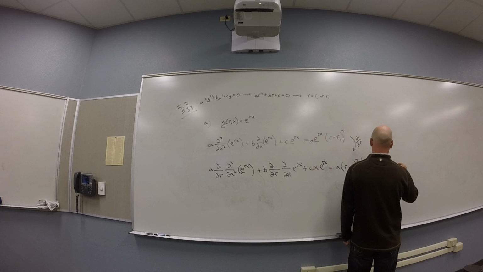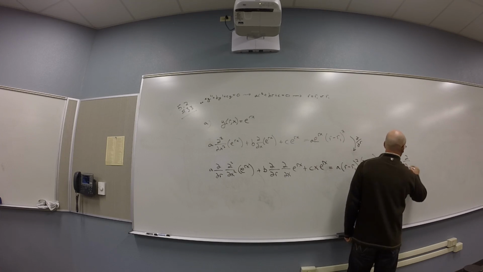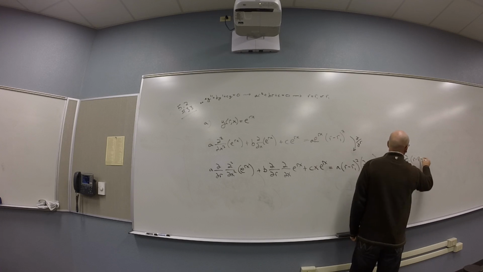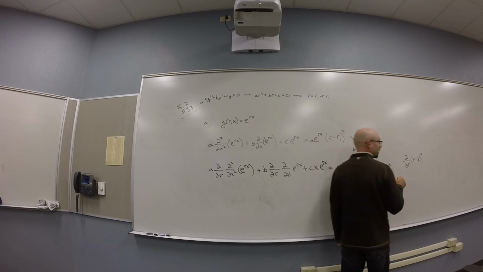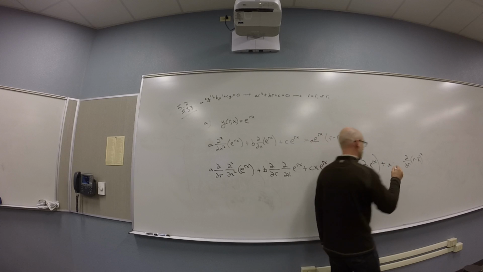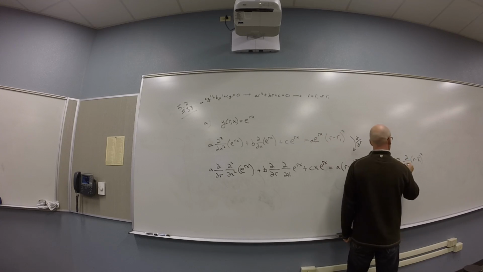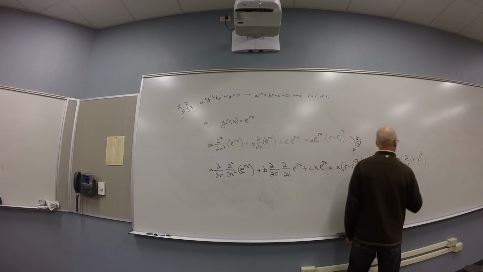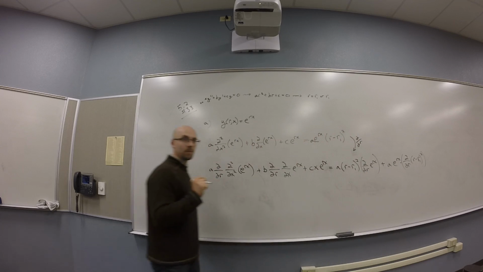The first thing times the partial with respect to r of r minus r1 squared, and then e to the rx. You guys good with that?